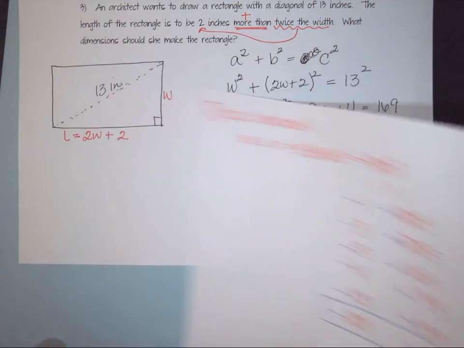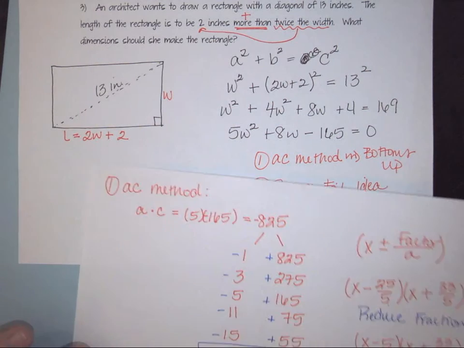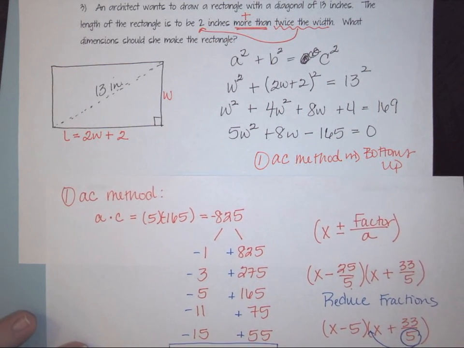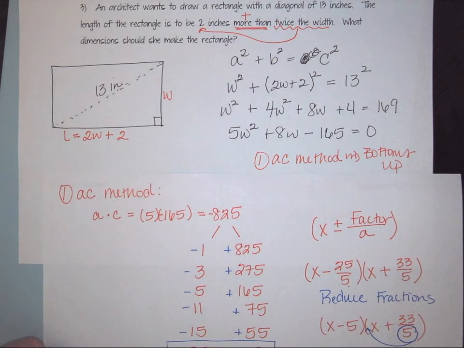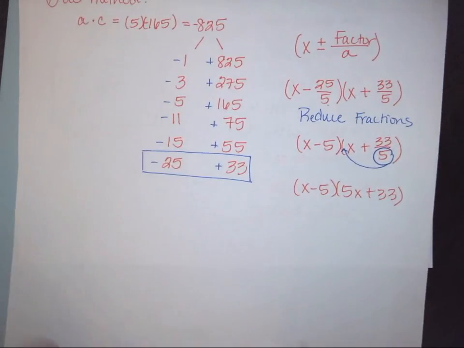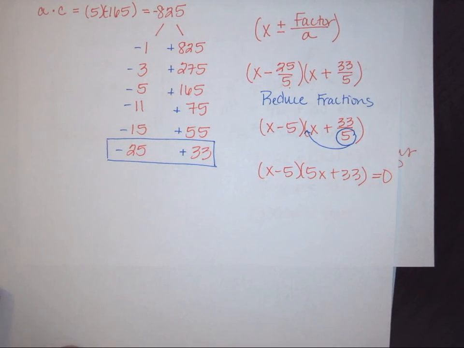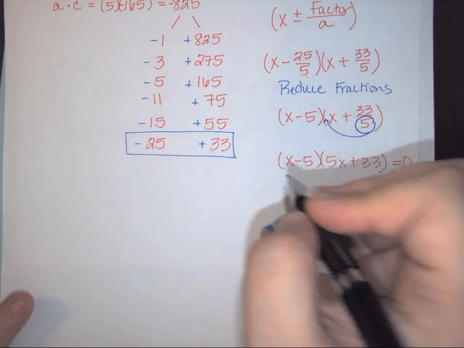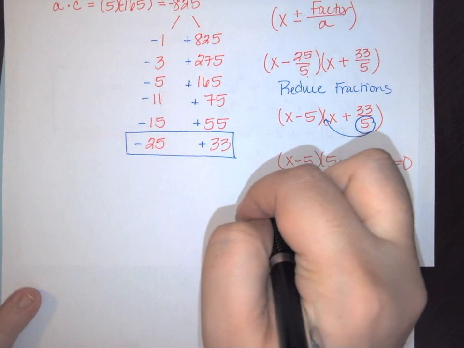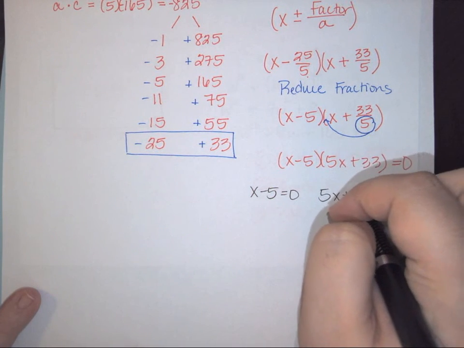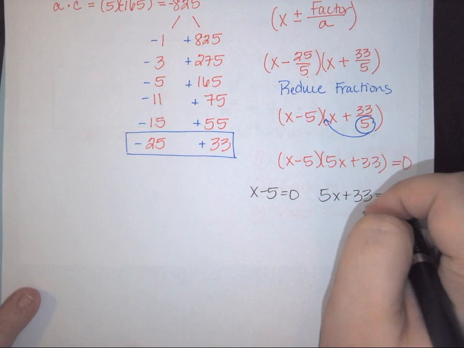Okay. So once we have our factors, we can go in and we can finish solving your problem. So the problem wants to know the dimensions of the rectangle. So we have to remember that these factors are still set equal to 0, which means we have to solve each. So we're going to solve x minus 5 equals 0 and 5x plus 33 equals 0.